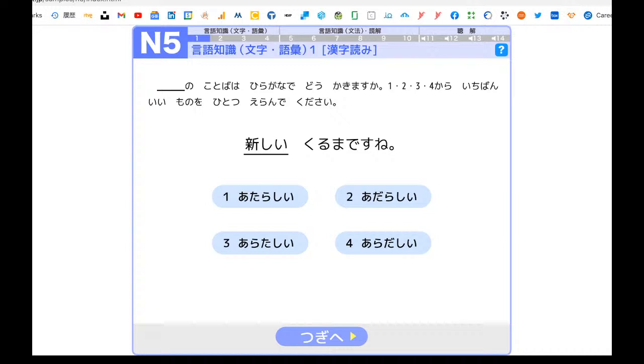Please pick the right one from the options 1, 2, 3, 4. Which one do you think is the answer? The answer is the first one.